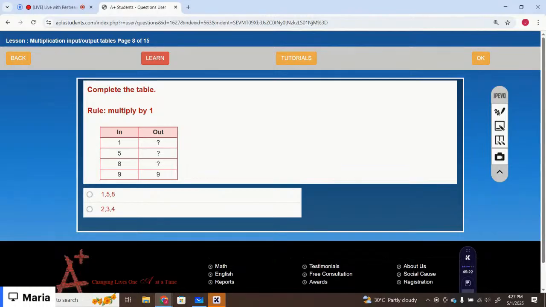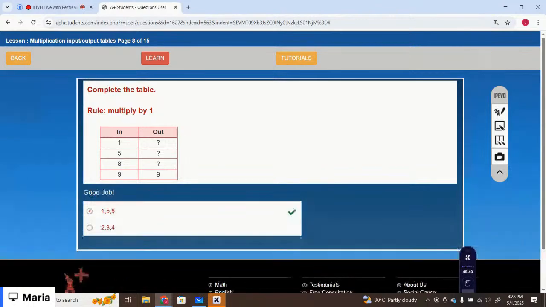Complete the table, multiply by 1. They are 1, 5, and 8. Option number 1 is the correct option.